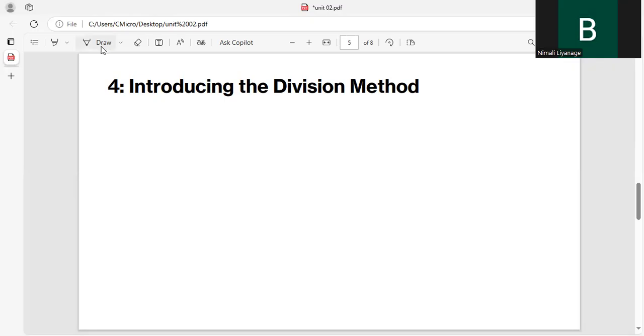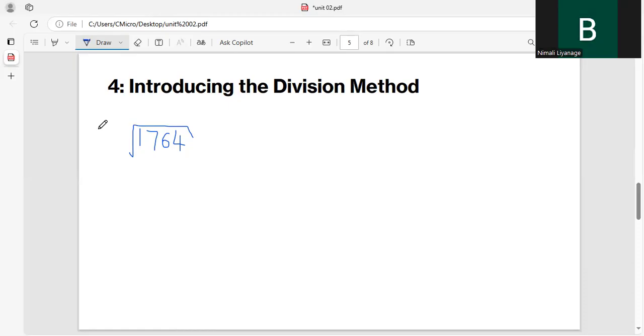Now we are going to find the square root of a big number, 1764. What a big number. How to find the square root of it?